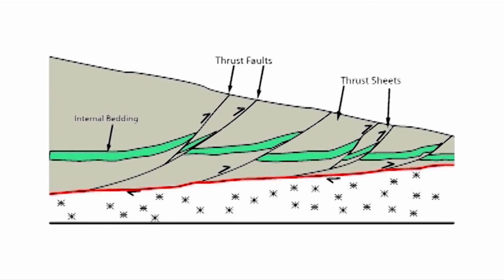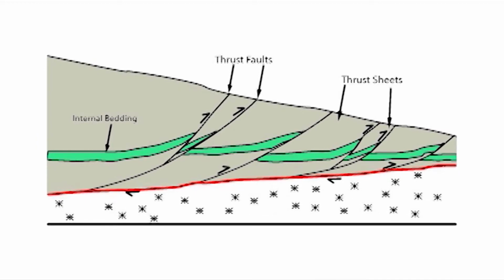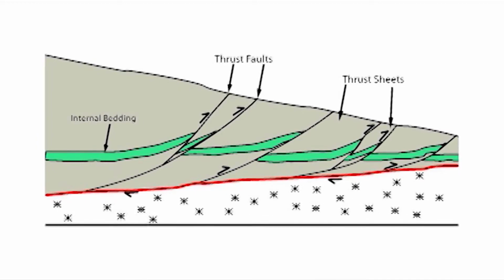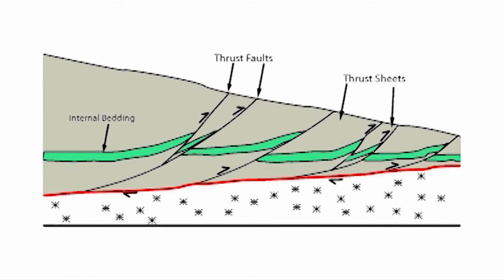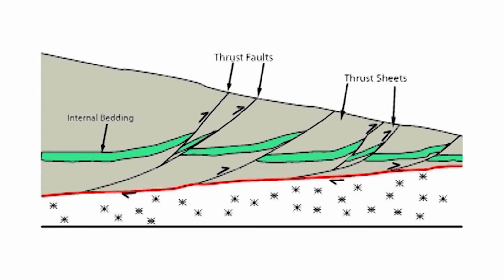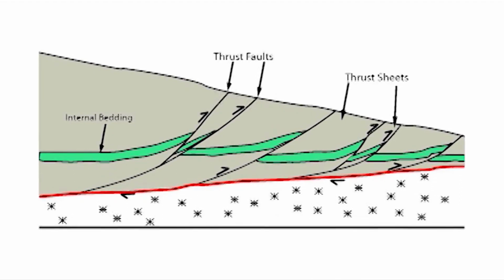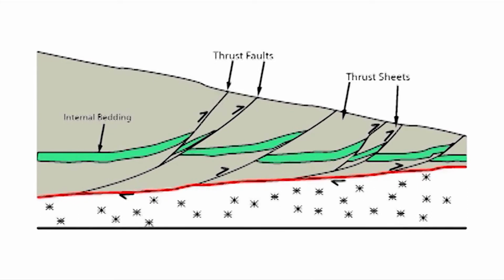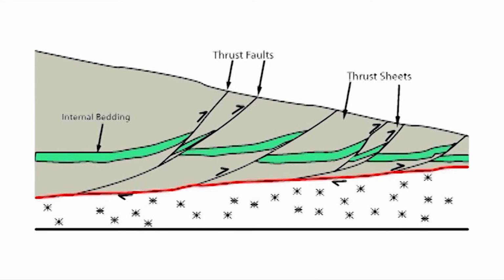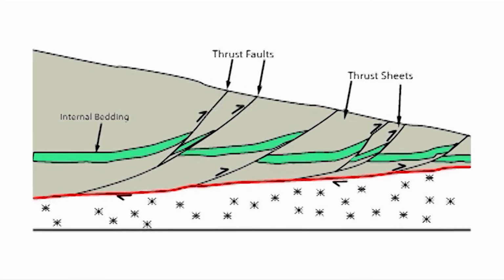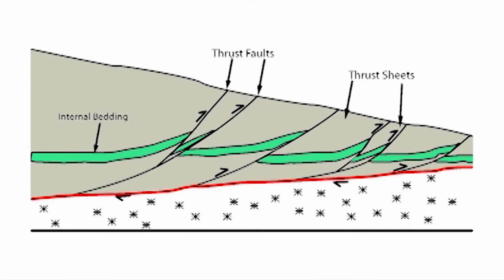And then there is another fault, the strike slip fault, or the wrench fault, along which the displacement has taken place essentially parallel to the strike of the fault, and the dip slip component is smaller than the strike slip component.